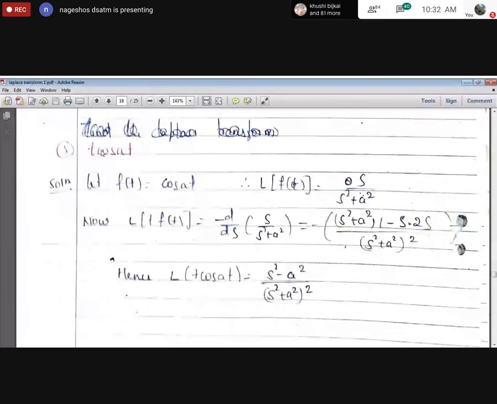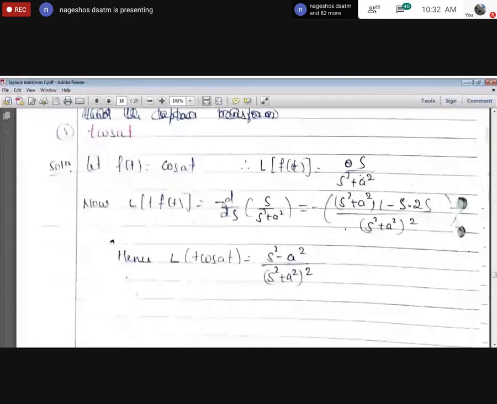What is the second property telling? The Laplace transform of t power n f of t is minus 1 power n, d power n by ds power n, of f bar of s.